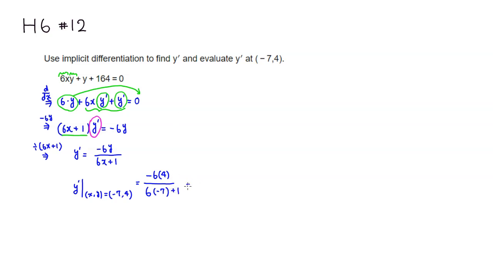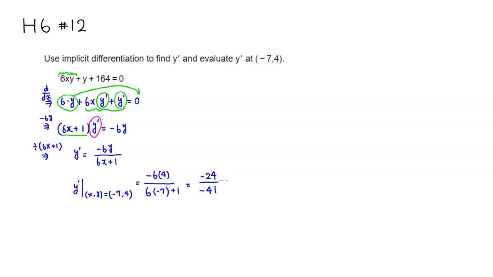This is going to be 6 times 4 is 24, so it's -24. Then 6 times 7 is 42, so -42 plus 1 gives -41.